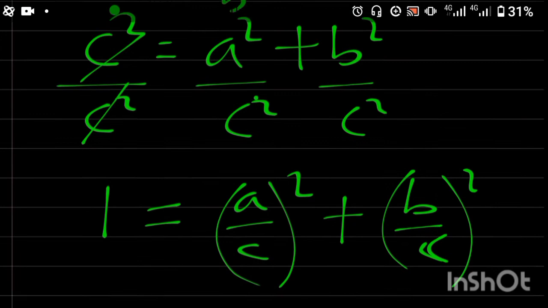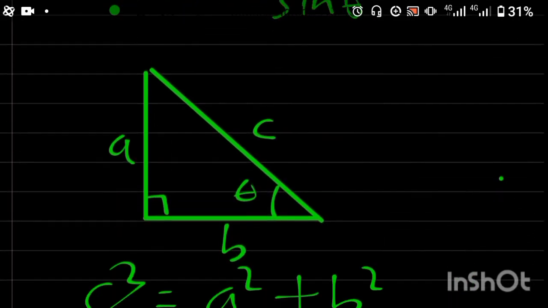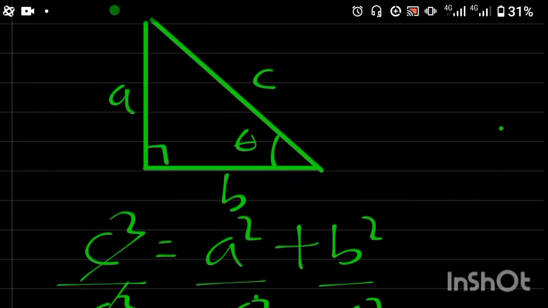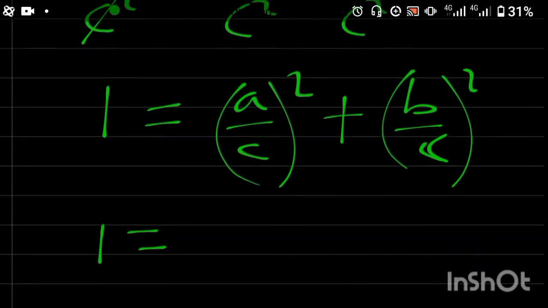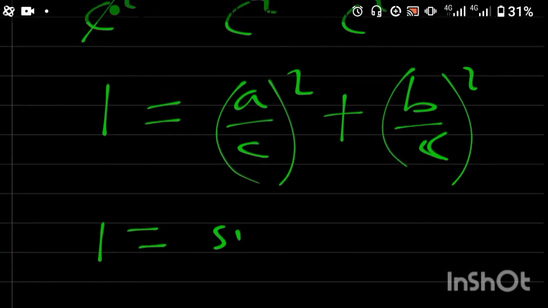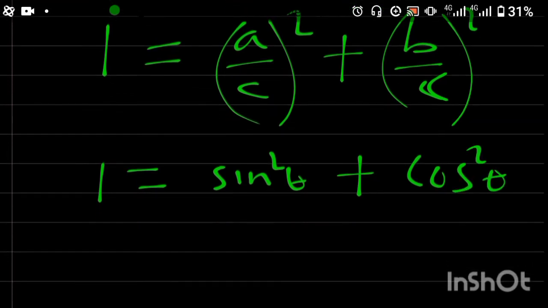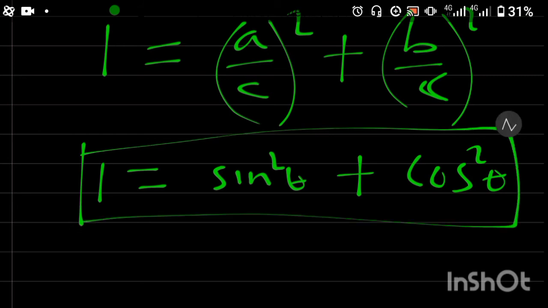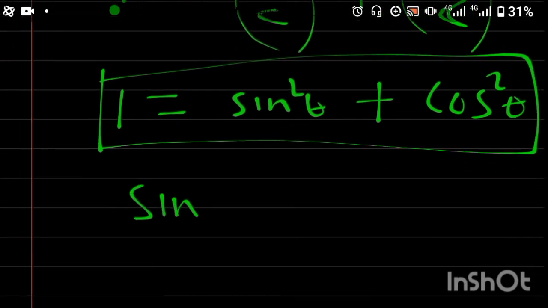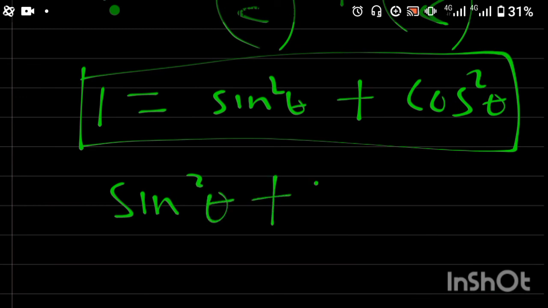If you look at the diagram, sine theta is equal to opposite over hypotenuse, which is a over c. Therefore, a over c is sine theta. Since it is squared, we call it sine squared theta. Plus b over c is actually cos theta, and it is squared, so we call it cos squared theta. From this, we've gotten an identity: sine squared theta plus cos squared theta is equal to 1.